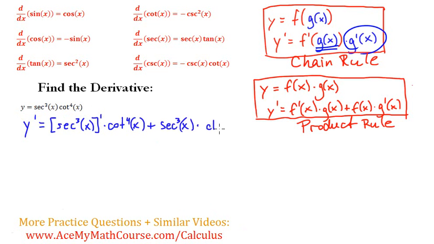So that's cotangent to the 4 of x prime. Great. Now all we need to do is find the derivative of both of these and then simplify a bit.